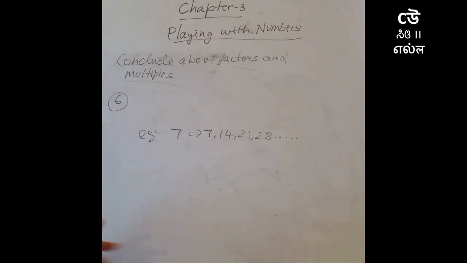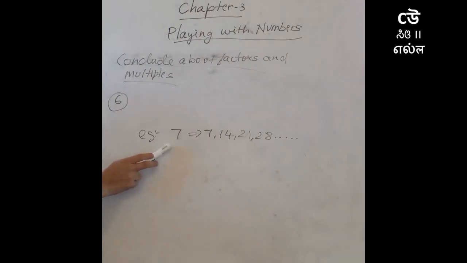It keeps on continuing, so we can't count the number. But observe the multiples of 7 we have got: 7, 14, 21, 28 and so on.